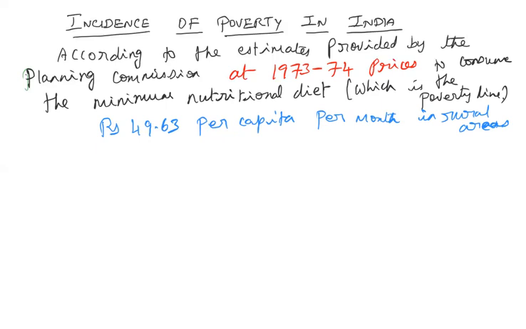And the same for 2,100 calories in urban areas: the person has to spend approximately 56.64 rupees per month. This is at 1973-74 prices, whatever the prices prevailing in 1973-74.